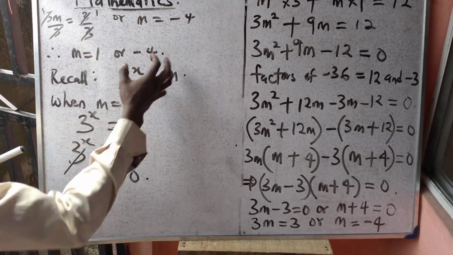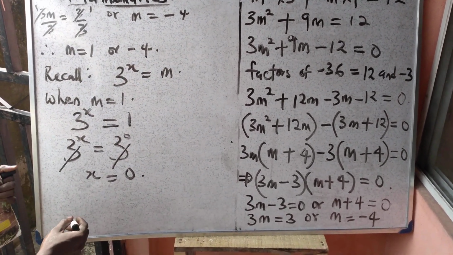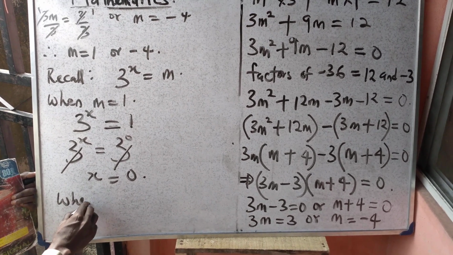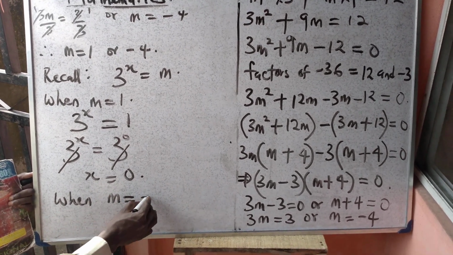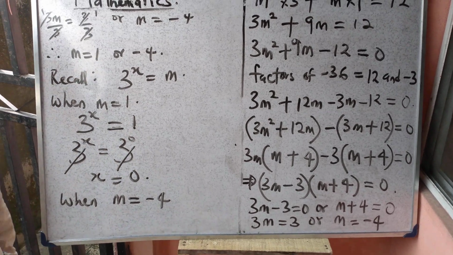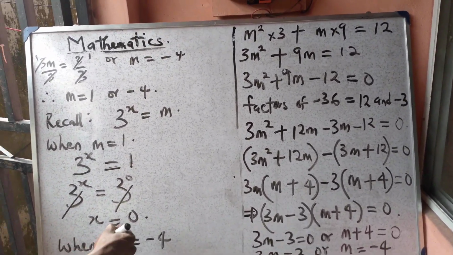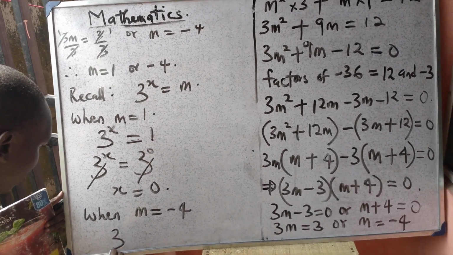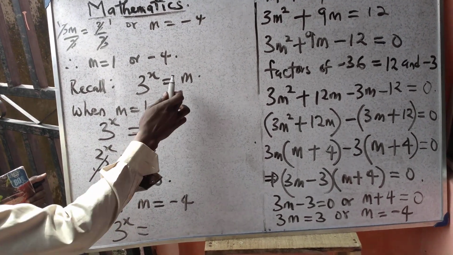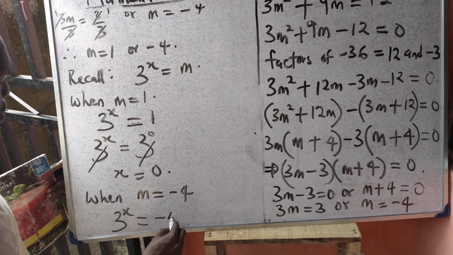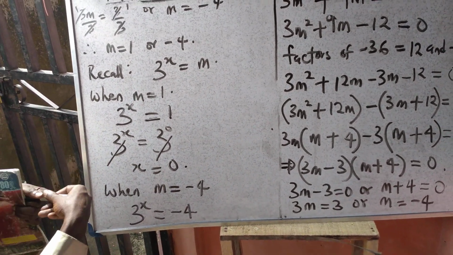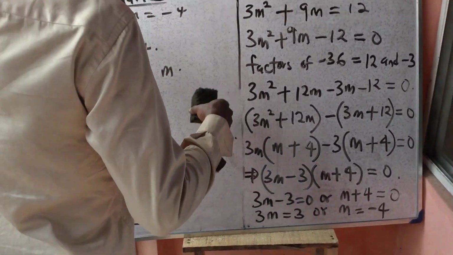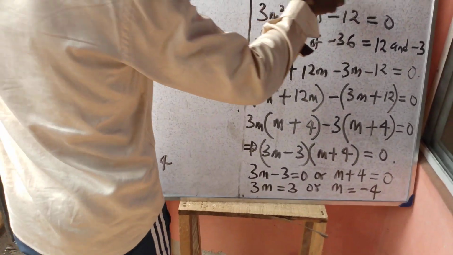Now when m is equals to minus 4, how do you solve that problem? When m is equal to minus 4, you say 3 raised to power x will be equals to, in place of this m you write minus 4.